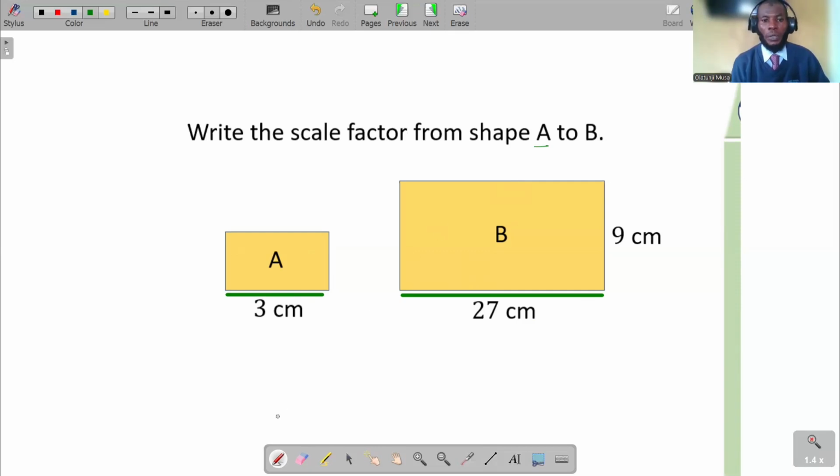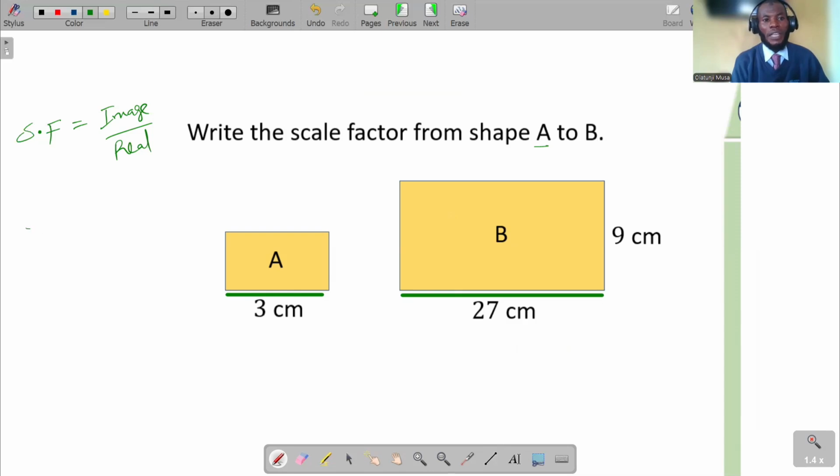For every scale factor, SF, it is the image over the real object. Which implies that A is the real, while B is the image.